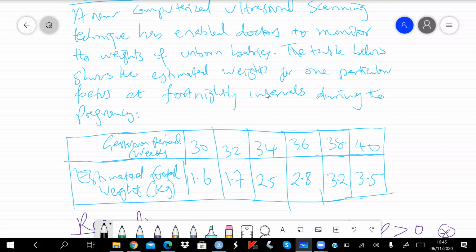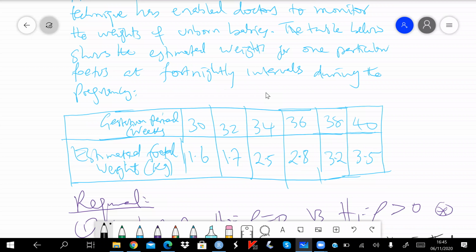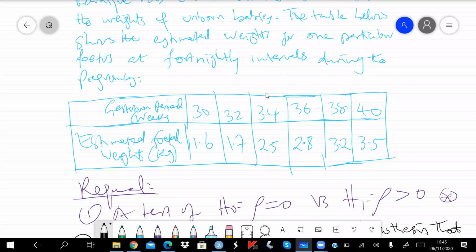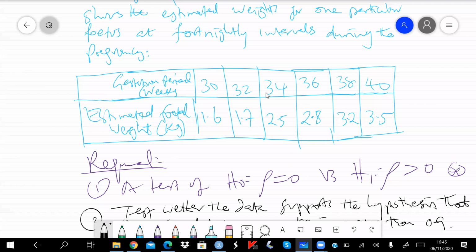So you have the data there, where in the first row we have the gestation period in weeks from week 30 to week 40. Then in row 2, we have the estimated weights of the unborn child in kgs.